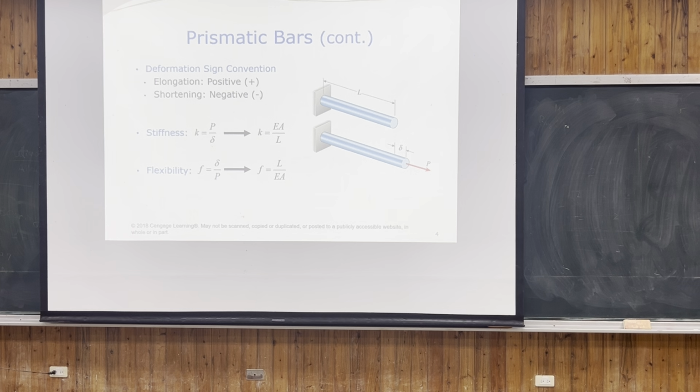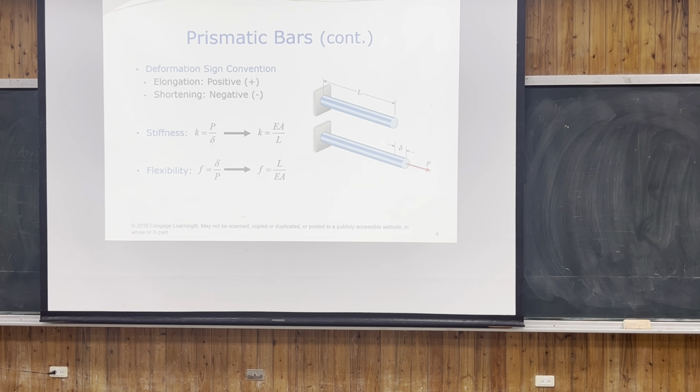One more thing is that it is really important to define what is positive and what is negative. I believe this is from the textbook. We define positive when elongation happens, and negative when the rod is shortening.